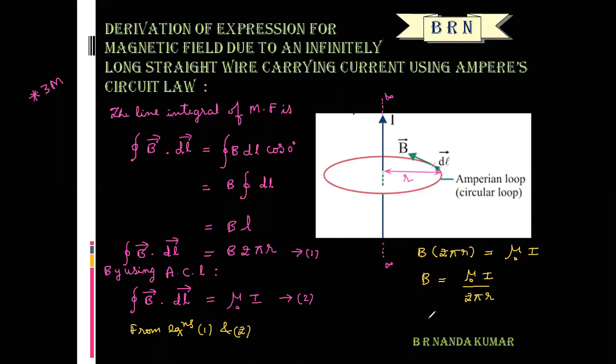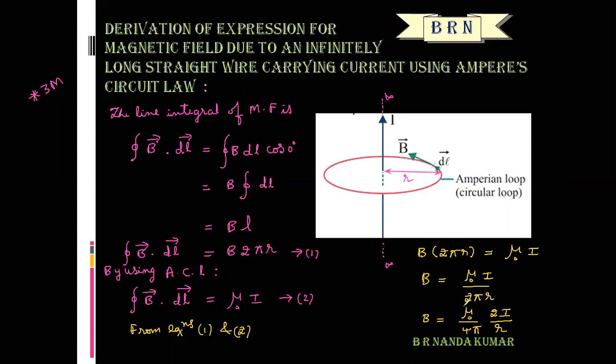This can also be written in the form B is equal to mu naught divided by 4 pi into 2I divided by r, because mu naught divided by 4 pi is 10 power minus 7. You just multiply and divide by 2, and then we get this equation.